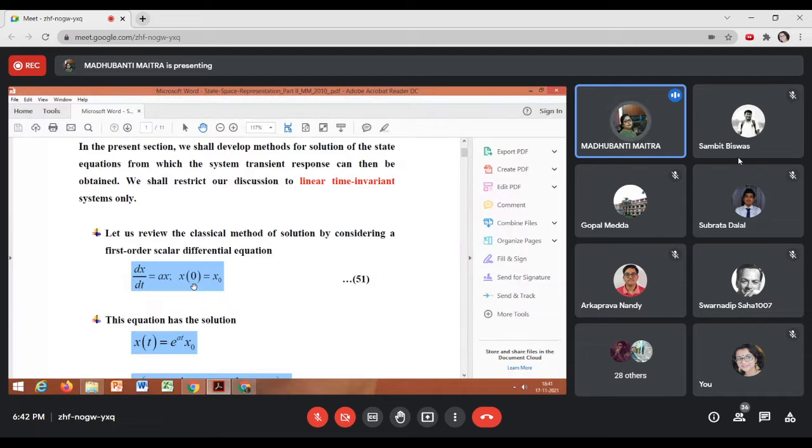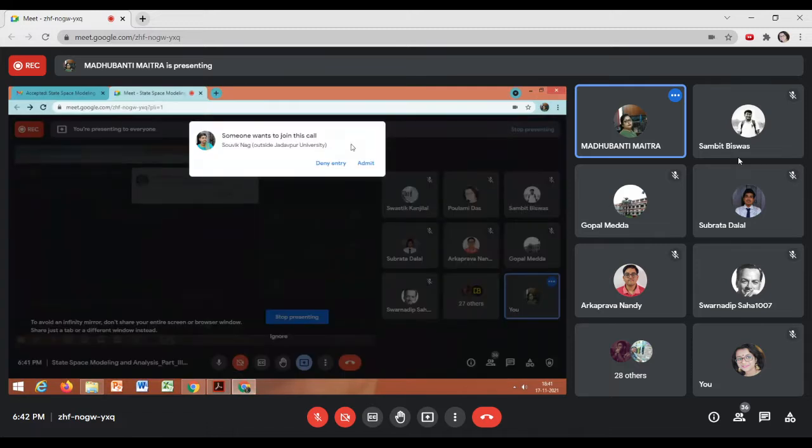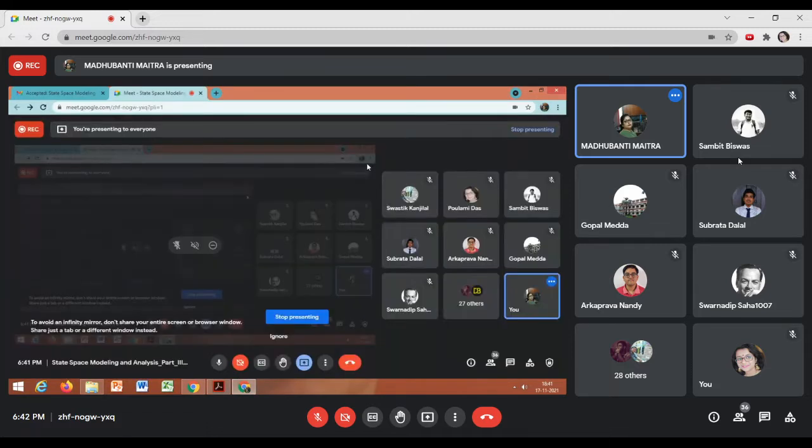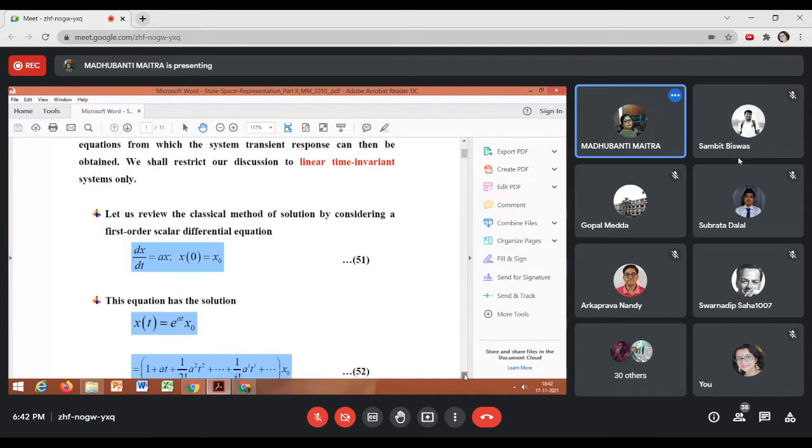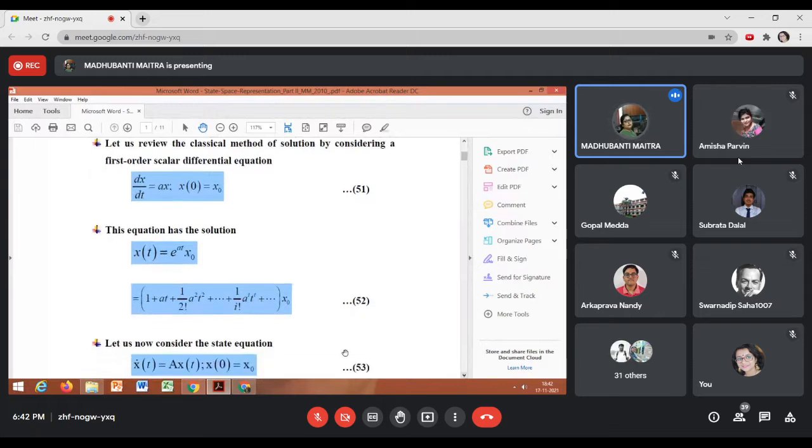Here we have assumed that the initial time t is equal to 0. So this is our initial condition: x at time t equal to 0 is x0. Now we can very easily solve this equation, and the solution is x(t) equal to e to the power at into x0, where x0 is our initial condition.